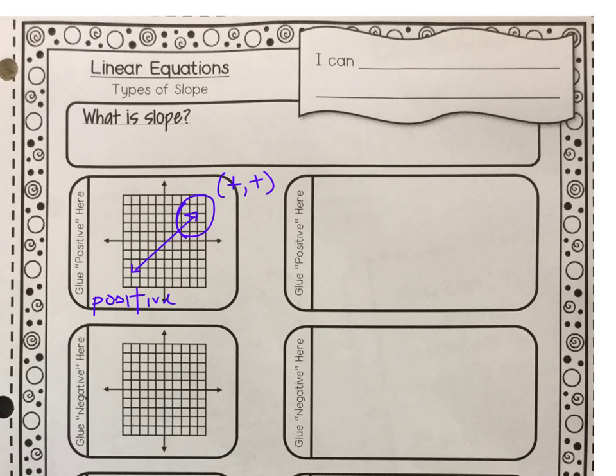And then how can I tell if a line has a positive slope? Well, it's increasing from left to right. So the value of y increases as x increases.